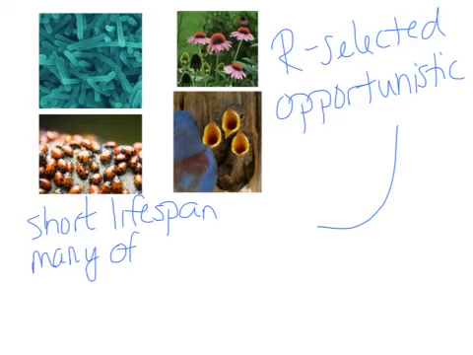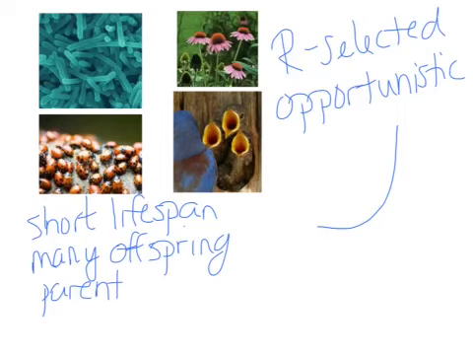These are one of those organisms that have large amounts of offspring, and so there's not a lot of parental care, if any, in these kinds of organisms. So not much parental care there. They have a very high death rate. Like I said, they reproduce early on.